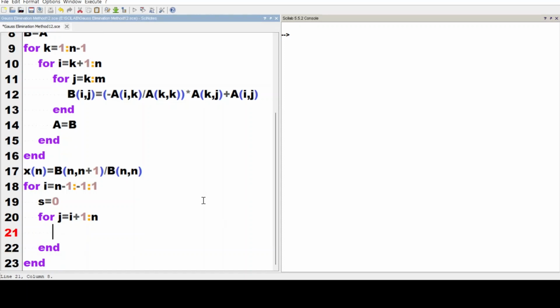Here we write s is equal to s plus b i comma j multiplied by xj, and now we write xi is equal to b i comma n plus 1 minus s divided by b i comma i. That's it.